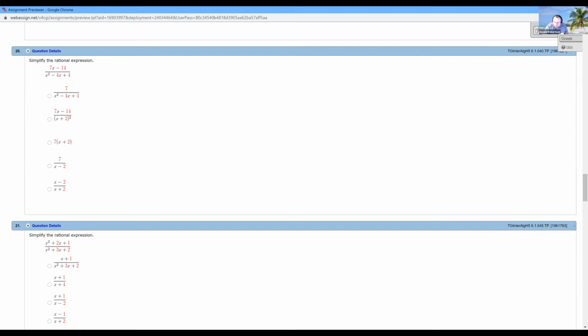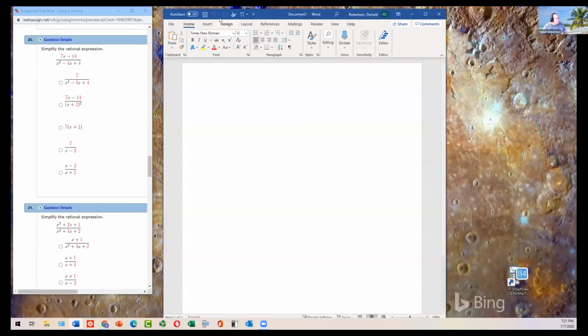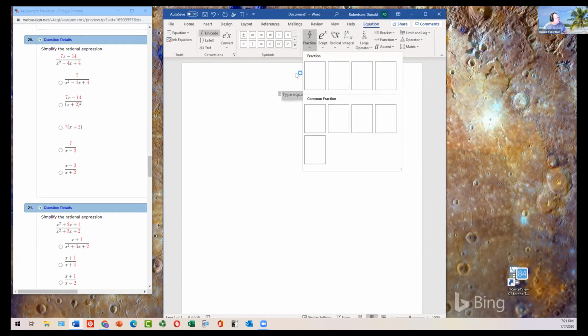Okay, I'm going to go back out and back in, and then I'm going to show you basically what's going on here. Right, so we have a fraction. This might take me longer than it's worth. Right, here we go.